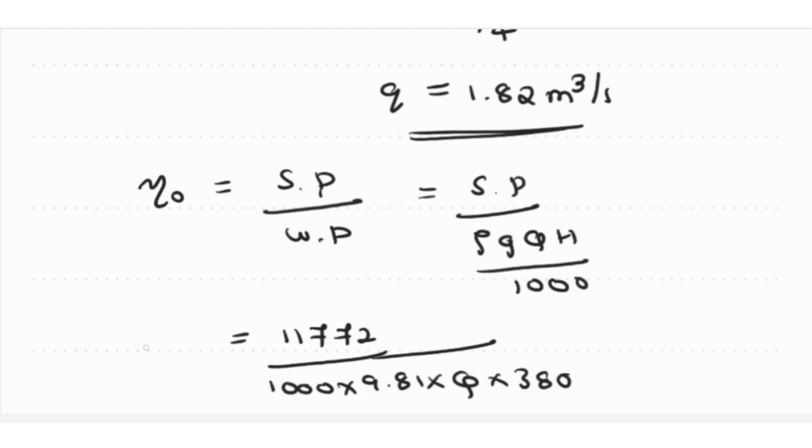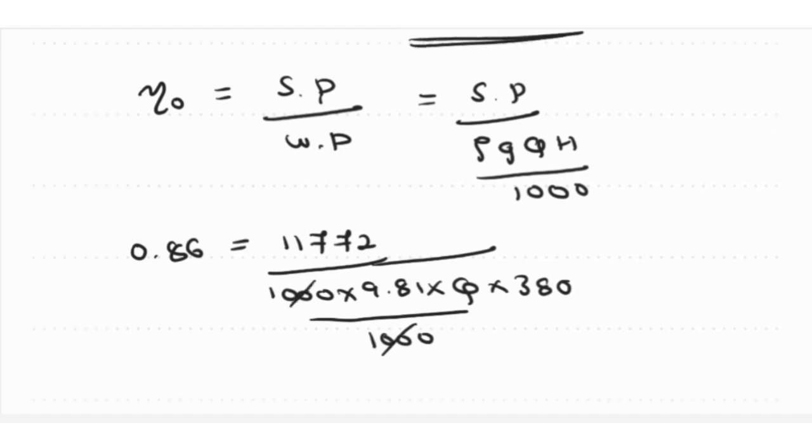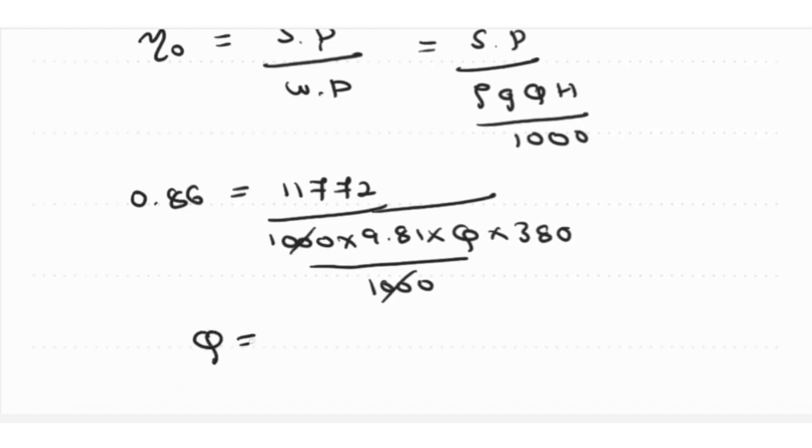Overall efficiency is given as 0.86, divided by 1000. This 1000 and this 1000 get cancelled. So we'll get capital Q is equal to 3.67 meter cube per second.